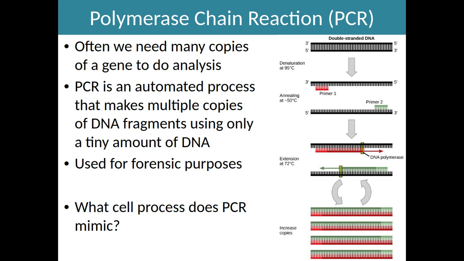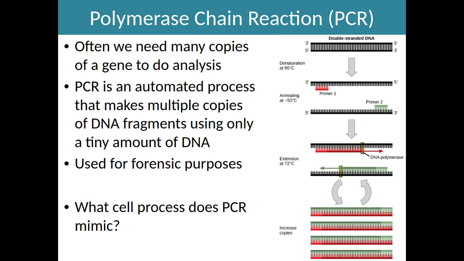So PCR is when we need lots of copies of a gene to do an analysis. Essentially, it is an automated process or a human-run process of replication. PCR takes the DNA fragments and we essentially copy them, and then it's used for forensic purposes. Again, like I said, it is 100% like replication. If you look at it on the side, you see the double-stranded DNA pulled apart.